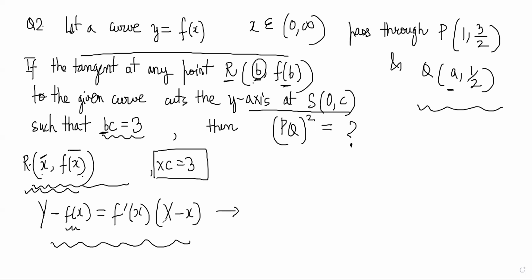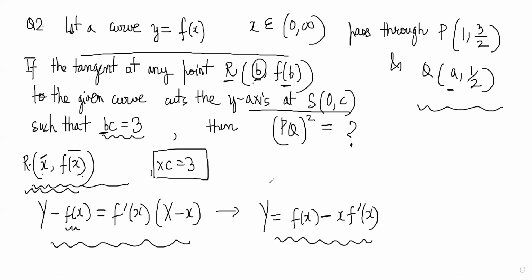So where does it meet the y-axis? When capital X is 0, it will meet the y-axis, right? Correct? Yes, sir. When capital X is 0, capital Y value will be f of x minus x times f dash x, right? Yes.